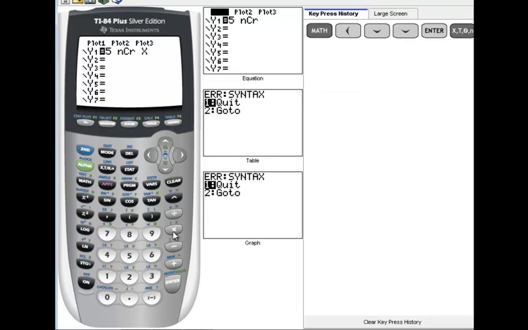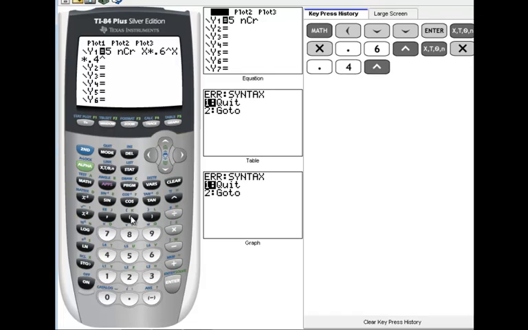We want to multiply this by 0.6 to the x power. And then we want to multiply this by 0.4 to the n minus x power. So by 0.4 to the 5 minus x power.